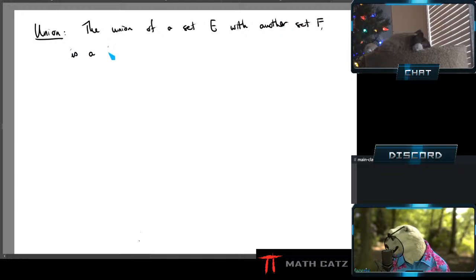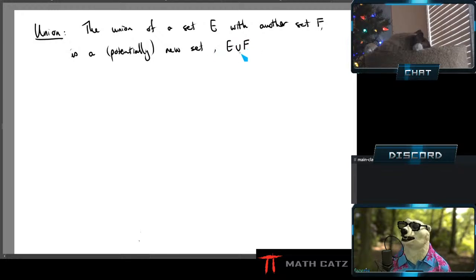is a potentially new set. And we're going to call it E with a little cup symbol. That's my union symbol, F. It's potentially a new set. Usually, it needs a new name. But because it's going to come from combining E with F in some specific way, I want to have the new name refer to those original sets.